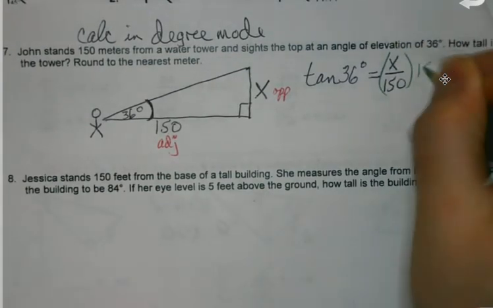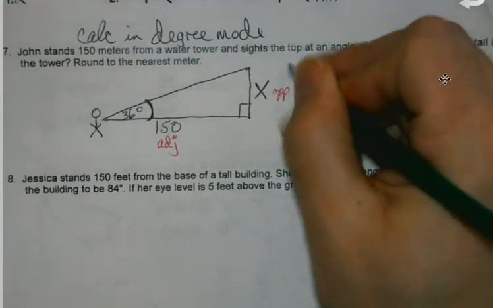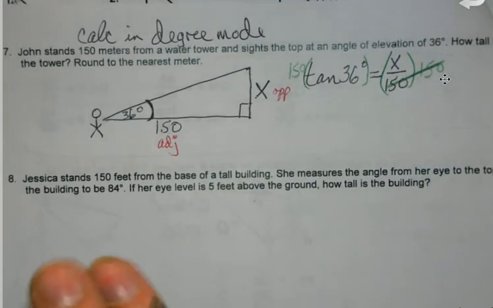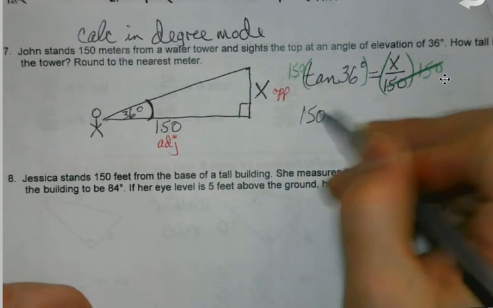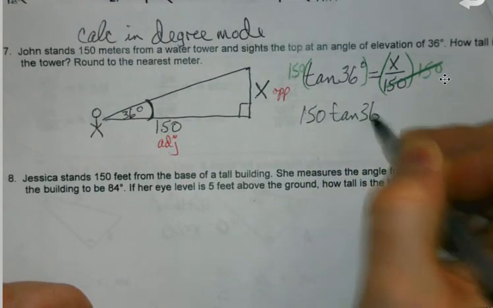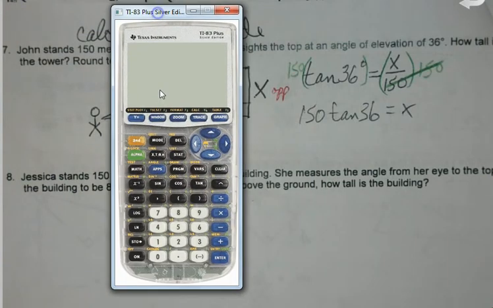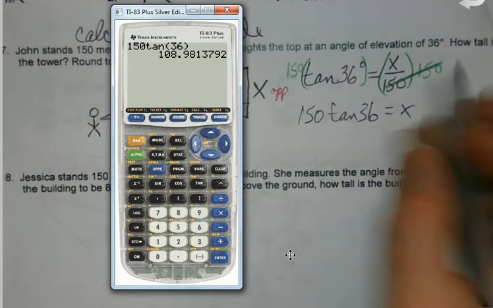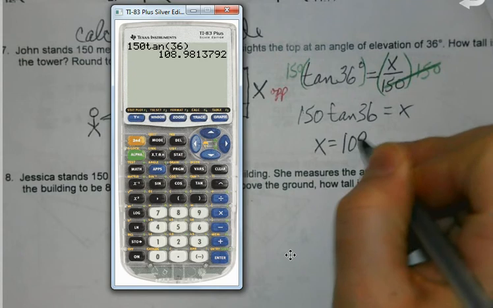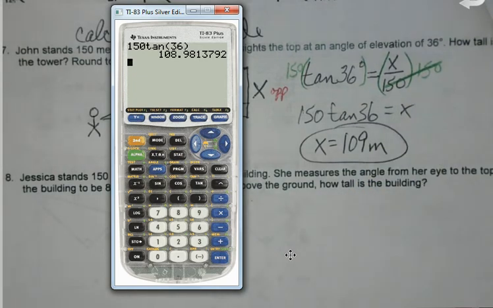So, all I have to do, now that my calculator's in the correct mode, is say 150, and you can put the times in there, but you don't have to, times the tangent of 36. And we'll go to the nearest whole meter, which means this building is 109 meters tall.